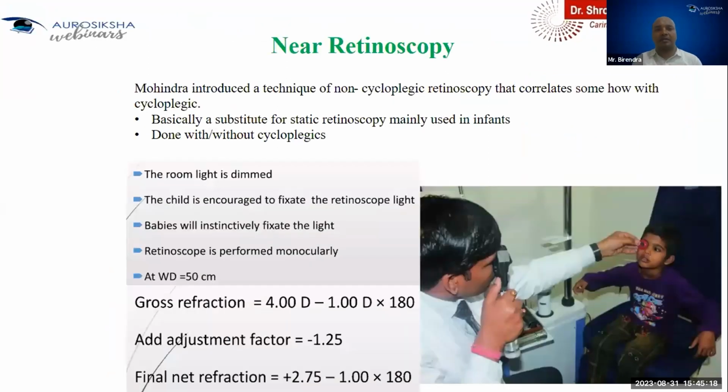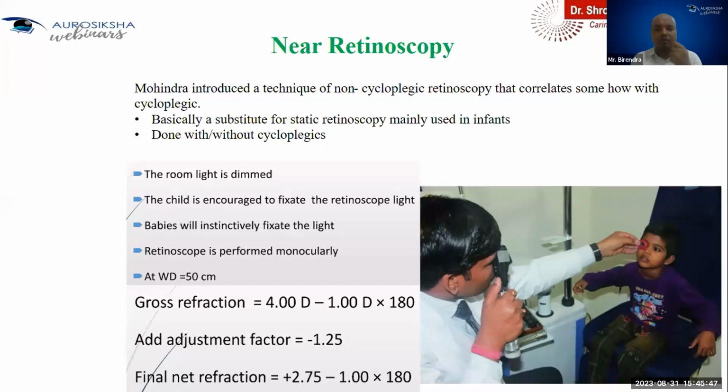And one another test is indicated for the pediatric population, the non-verbal child. You can estimate a rough, gross idea about the refractive error status of that child when he is not cooperating. Then you can assess at 50 centimeters. You switch on the retinoscope and ask the baby to focus on the retinoscope light. The baby will look there, and you can grossly neutralize the reflex.